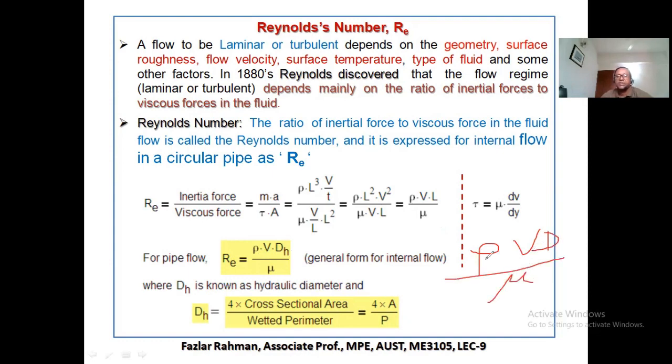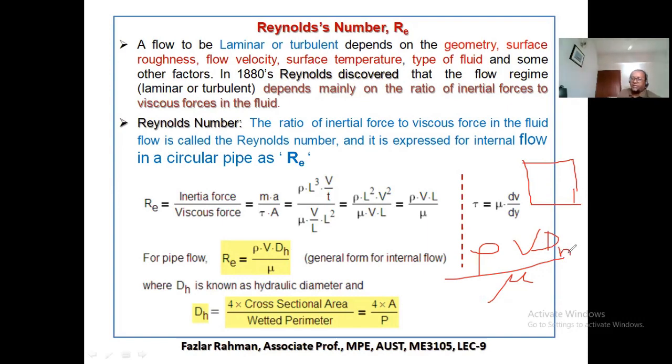But a lot of the time you might see a flow where the pipe is not circular. For example, if you go to a commercial building, they use air conditioning with a rectangular duct. In that case, your pipe area is a rectangle. How will you use the Reynolds number? Instead of only D, they say use DH, which means hydraulic diameter instead of diameter.